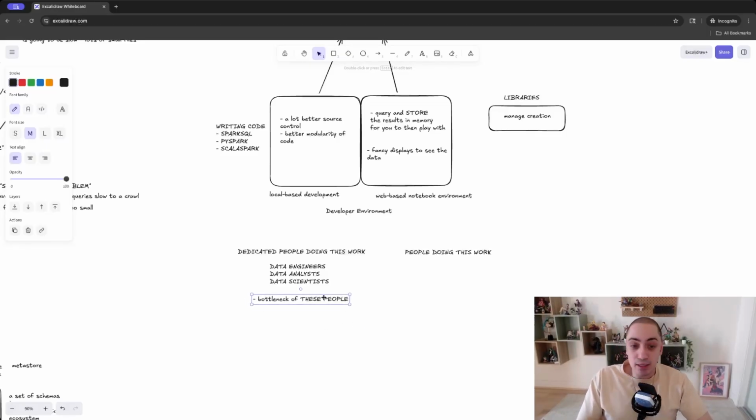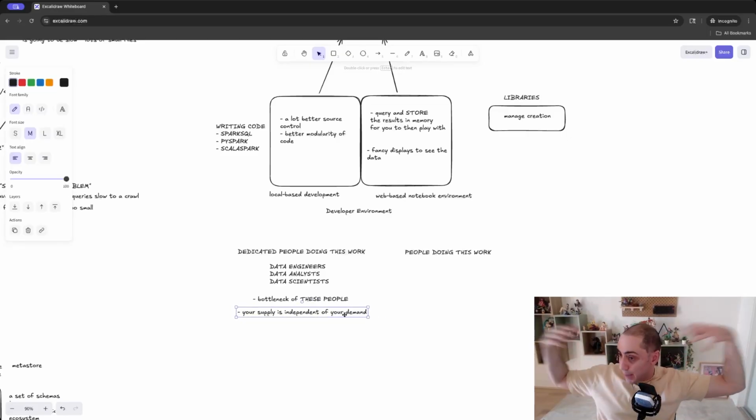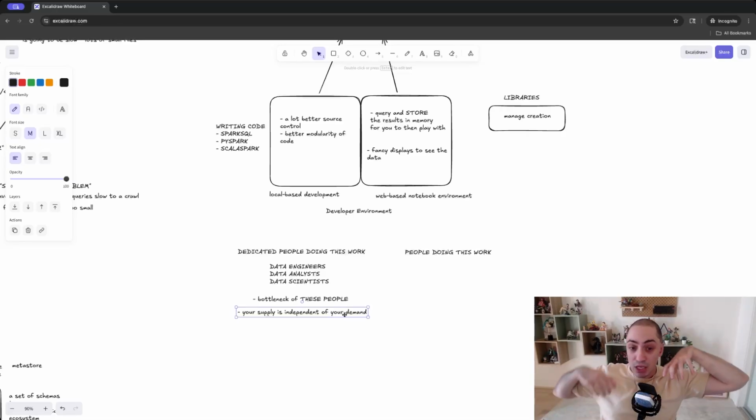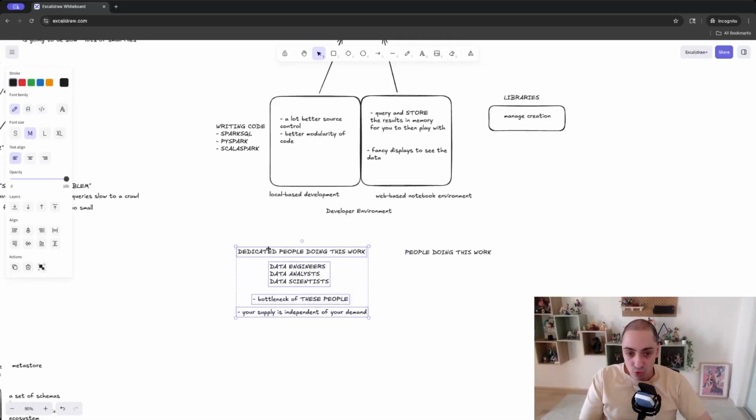The issue is that your supply is constrained and independent of your demand. Let's say you're producing a lot of features and a lot of things are happening. If you don't increase the supply of dedicated people, your entire ecosystem will fall behind because things are being made that these people can't track. So you have a disconnect in this world, and that can be very painful. A lot of companies have issues with this, mine included, the ones that I've worked at.